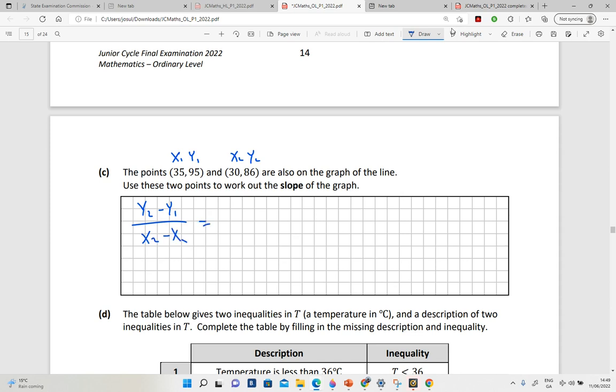So that is going to be 86 minus 95 all over 30 minus 35, which will give me minus 9 all over minus 5. So if you divide minus 5 into minus 9, you're going to get 1.8, and it'll be positive. So that's your slope of the graph there.